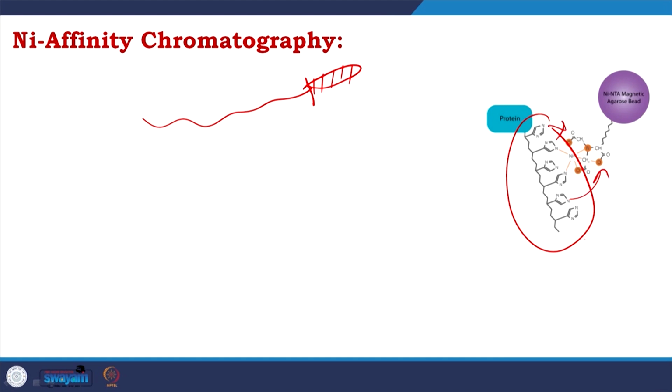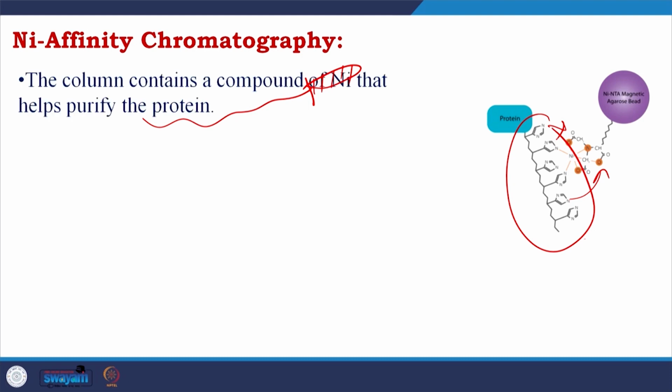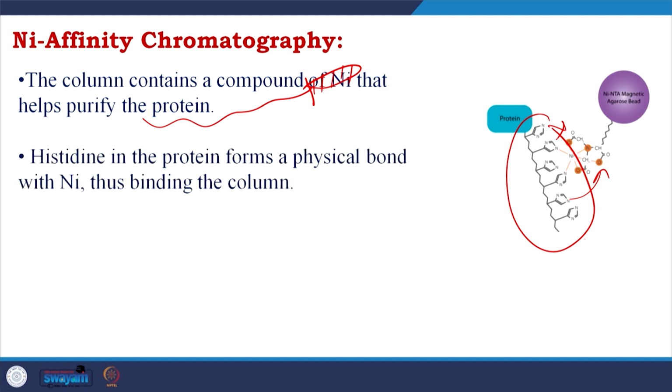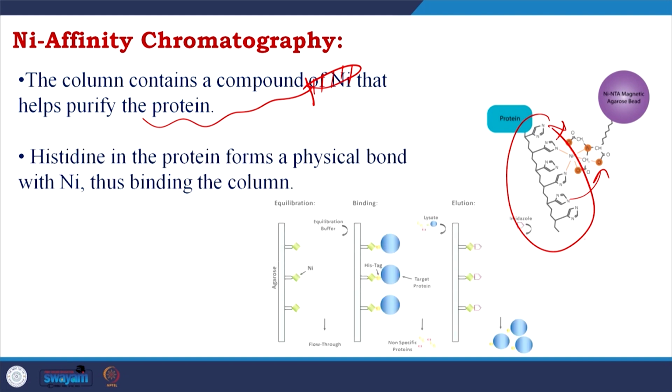So, the histidine bound protein would be specifically bound to this column, other proteins would flow through. The column contains a compound of nickel that helps to purify the protein. Histidine in the protein forms a physical bond with nickel, thus binding to the column. There are 3 stages.